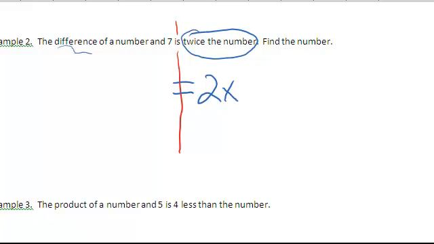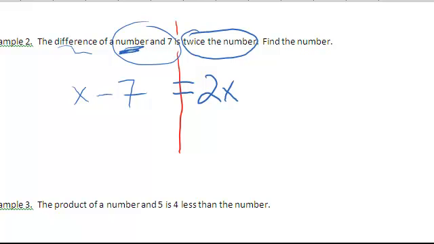Here's the other one. The difference, of course, means minus. So the difference of a number and 7. You're just going to have to remember difference means minus. So your choices are either 7 minus x or x minus 7. When it says the difference of a number and 7, the first term always goes first.